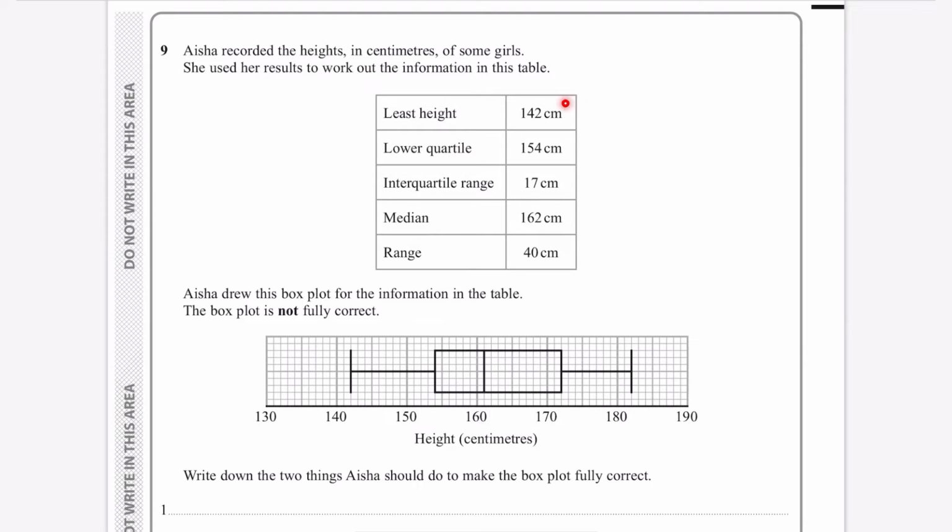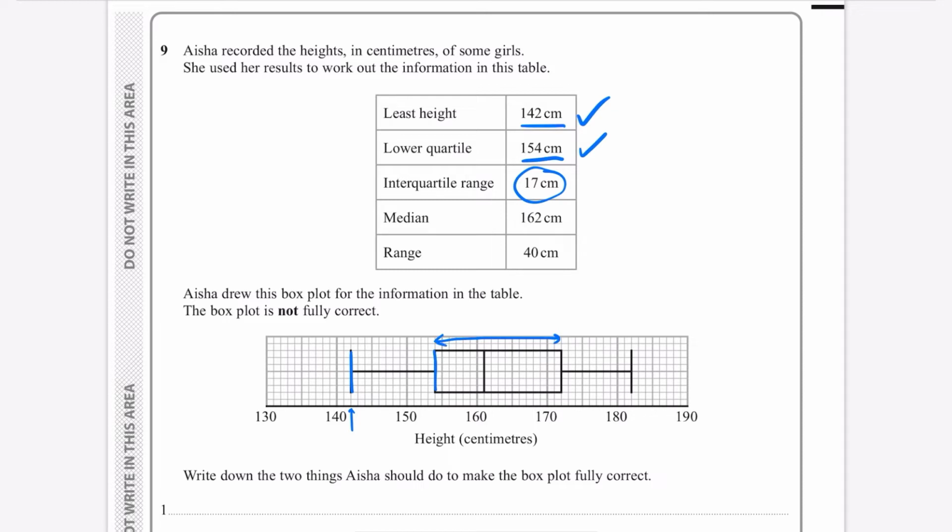So let's look at the least height and see if it is correct. So it's 142 centimetres, which she's drawn here. Yeah, actually I think that is 142 centimetres, so that is correct. The lower quartile is 154, which is here. Yep, that's in the right place, so that's good. Now the interquartile range is how wide the whole box is. It needs to be 17.